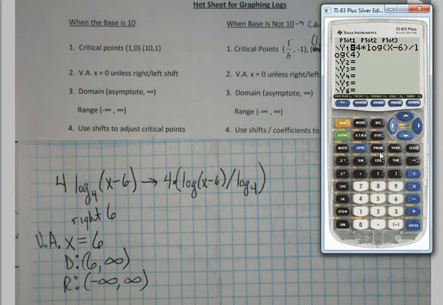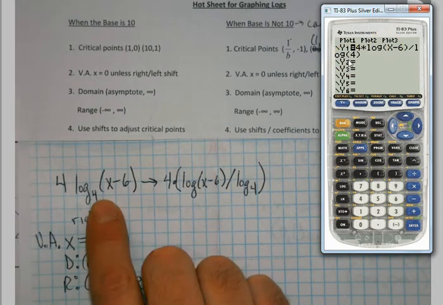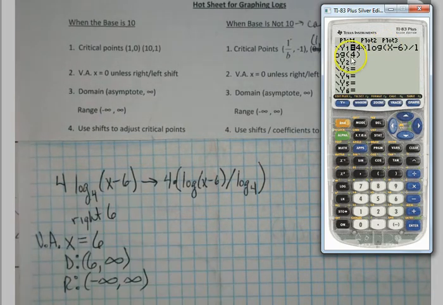So basically what I have to be careful of is not making this a parenthesis like I did here, because that's a common error that people make. The calculator is going to do 4 times the log of this and then divide it by this. But you're looking at it and going, well, that's not what this says. It's 4 times that. So now we get to keep track of all the parentheses. Okay, here we go.